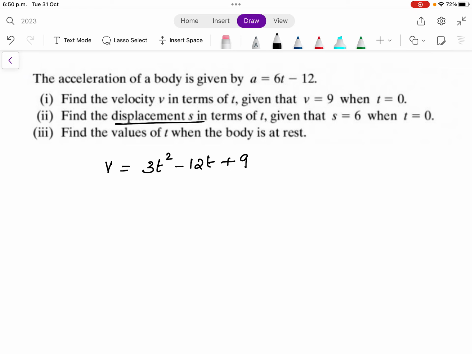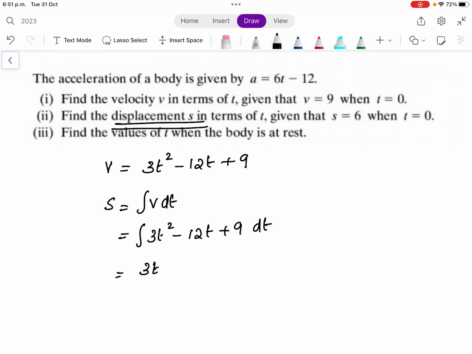Now we have to find the displacement s. S is equal to the integral of v dt, which is the integral of 3t square minus 12t plus 9 dt, which is equal to 3t cube by 3 minus 12t square by 2 plus 9t plus c. We can simplify this to t cube minus 6t square plus 9t plus c.